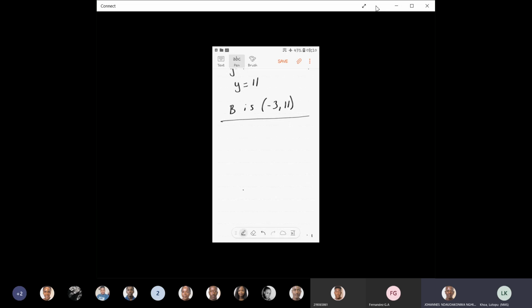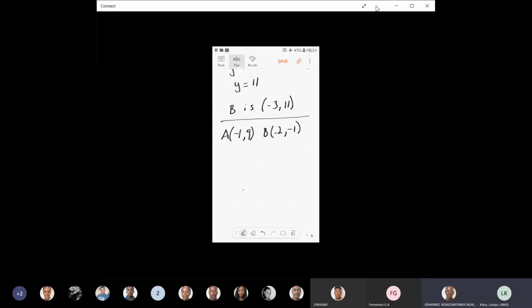Okay, then with the next question, we are given a diameter of a circle. We're told that these points A, minus 1, 9, and B, is minus 2, minus 1.